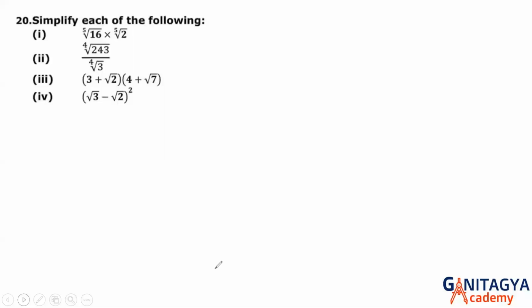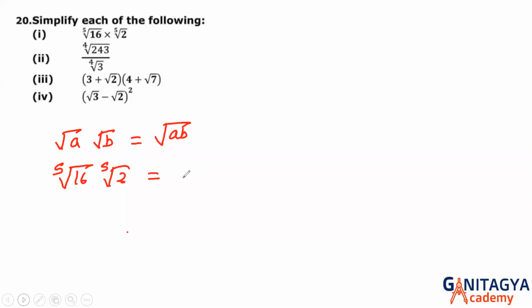Chaliye. So first question is C. The first property is √a · √b = √(ab). So here we have 16^(1/5) · 2^(1/5). Can I write the power as 1/5 and 16 into 2? So this is nothing but 32 raised to 1/5.